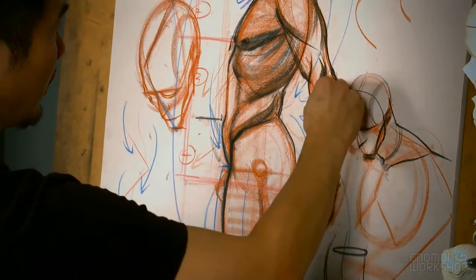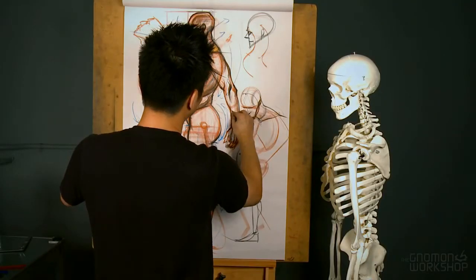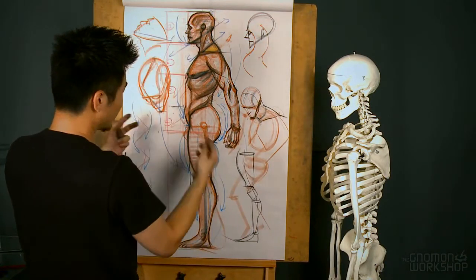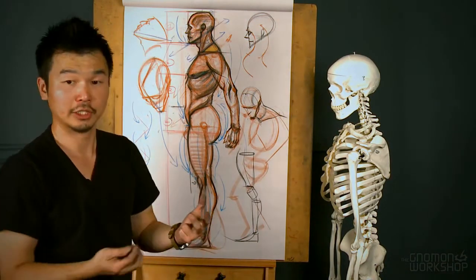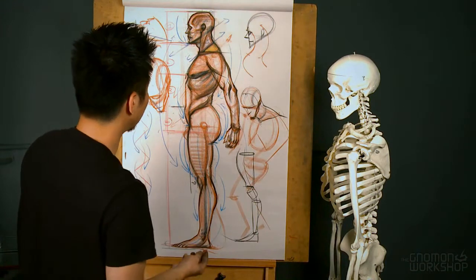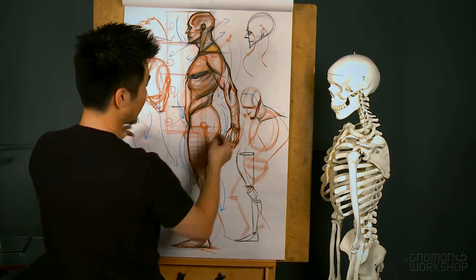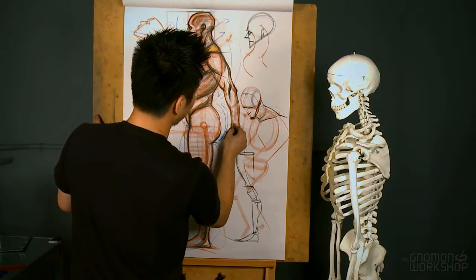Because if you don't, a lot of the time your drawing is going to have a lot of curve, a lot of roundness, and your drawing will look cartoonish. And you probably don't want your drawing to look too cartoonish if you want to do more realistic figure drawings.